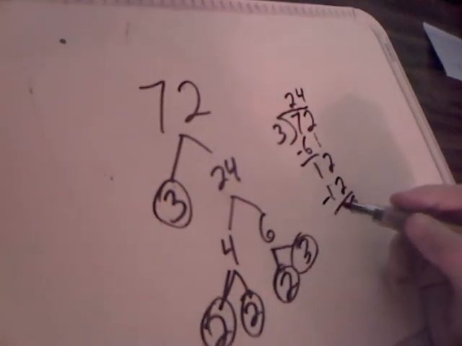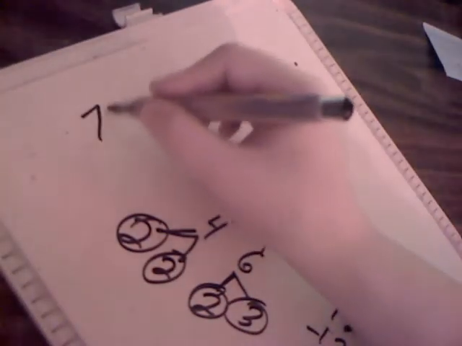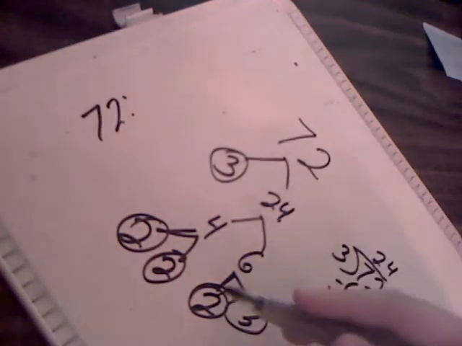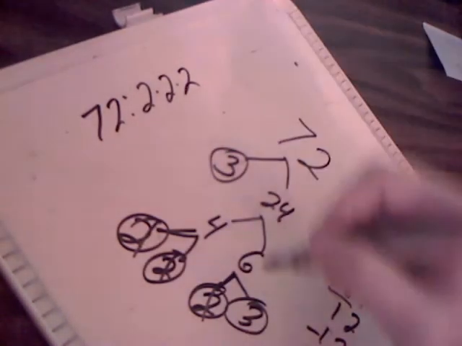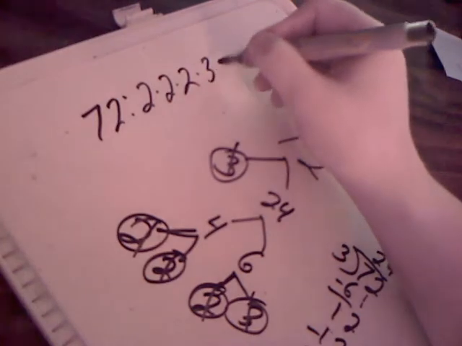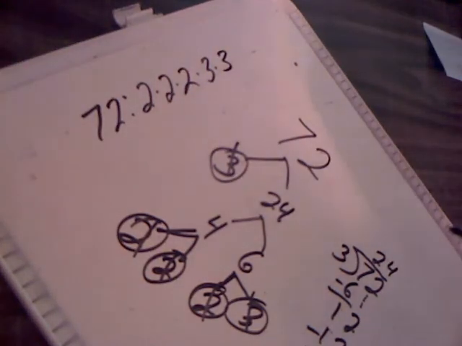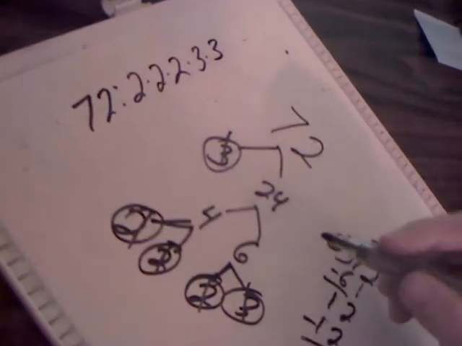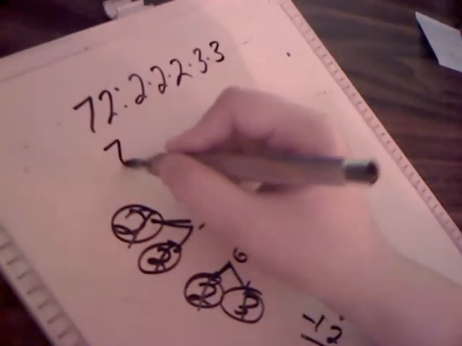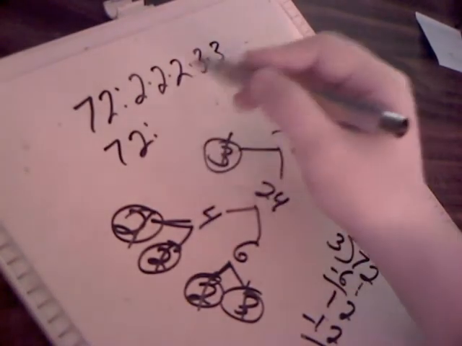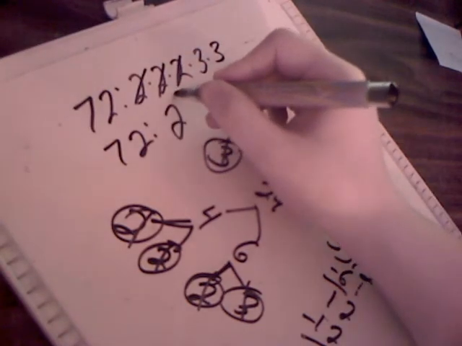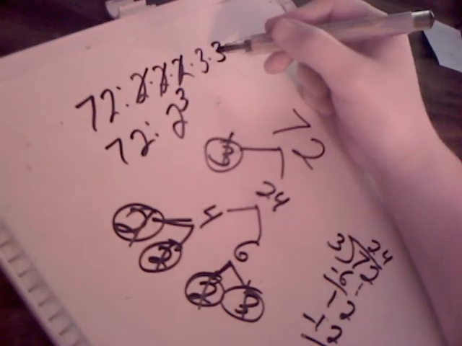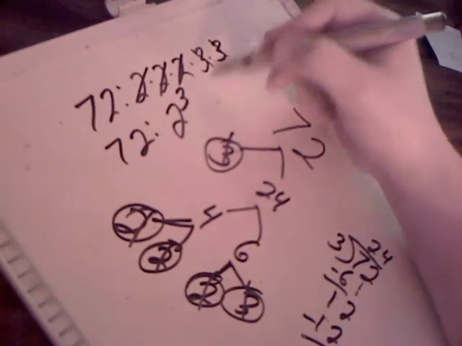So the factors of 72, I'm going to tip this, sorry to throw you off, are 2 times 2 times 2, times 3, times 3. Let's condense that. Let's write it a little bit simpler. How many 2's do we have? 1, 2, 3 2's. 2 to the third power times how many 3's do we have? 1, 2.